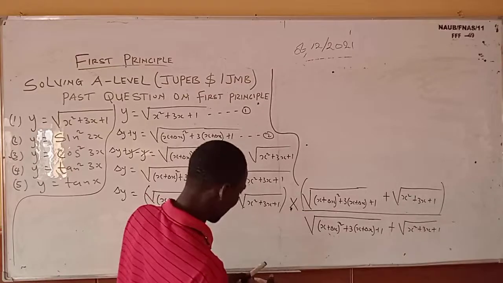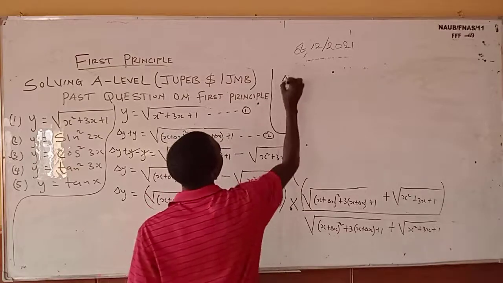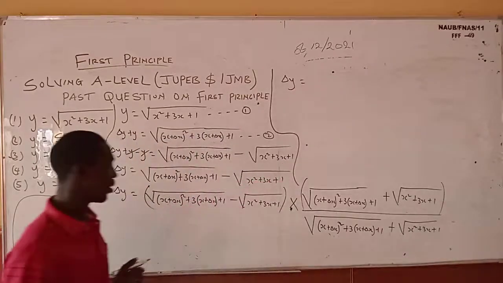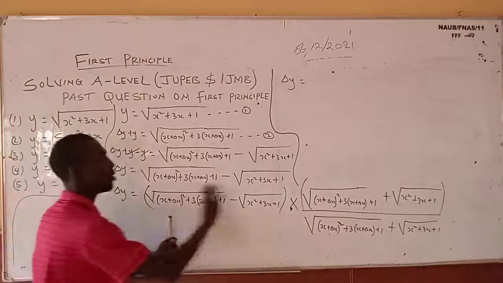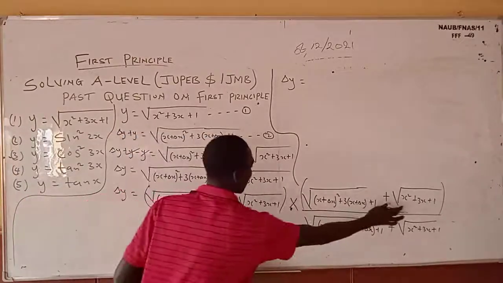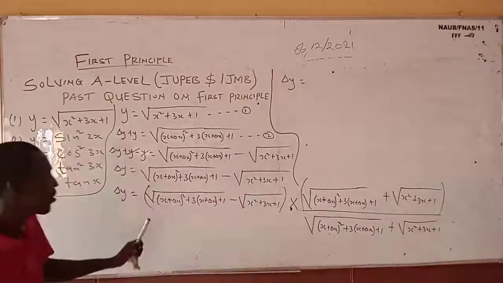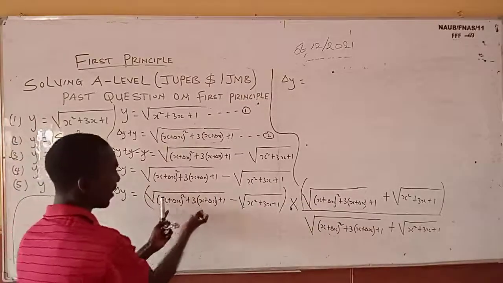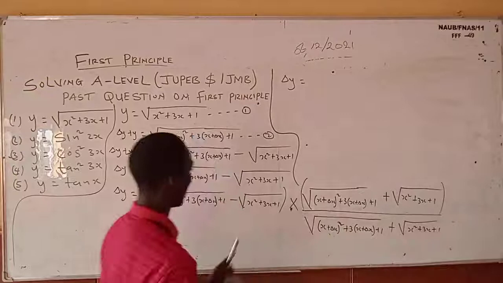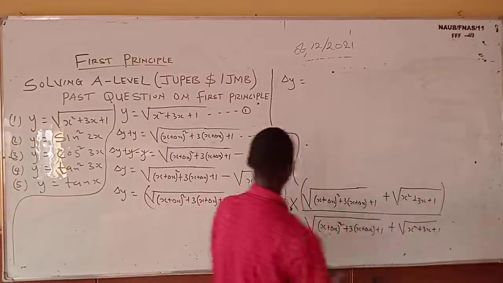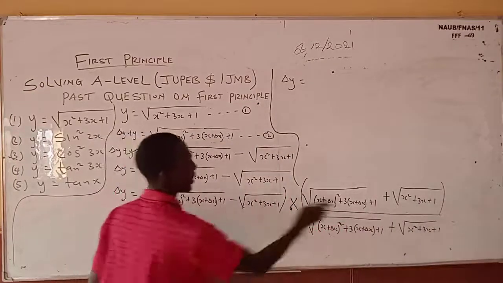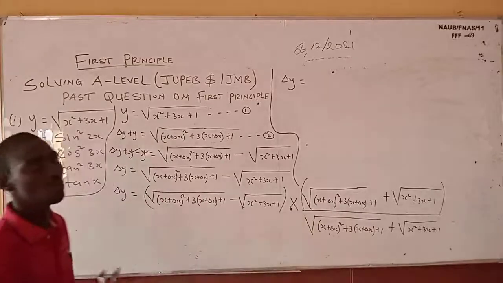So it means that change in y will be equal to what? Instead of using this to multiply this, then this to multiply this, I don't need that, because I know that what is here is the same thing as what is here, and the difference between them is minus and plus. That is what difference of two squares is saying.